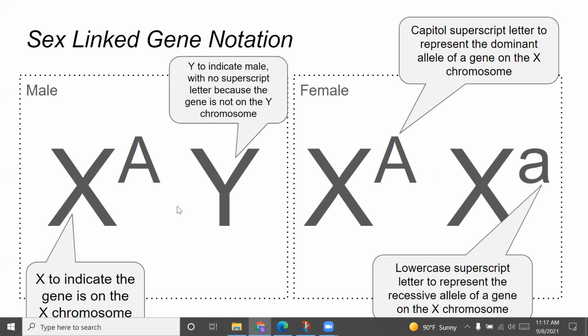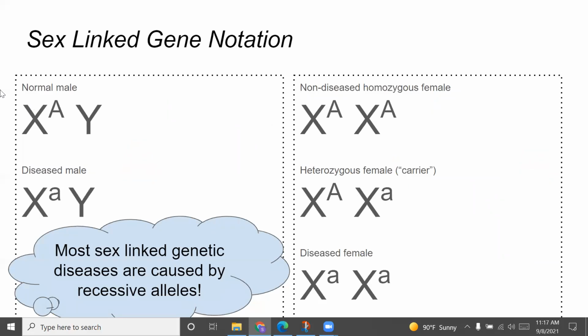Okay. So what you should write down: a non-diseased homozygous female, top right, XAXA, capital A, capital A. We're writing this down as a definition because most sex-linked genetic diseases are recessive.